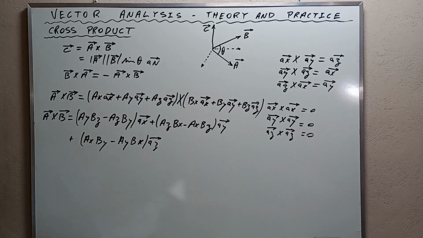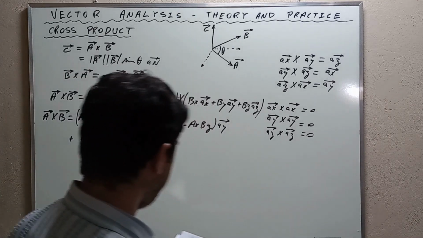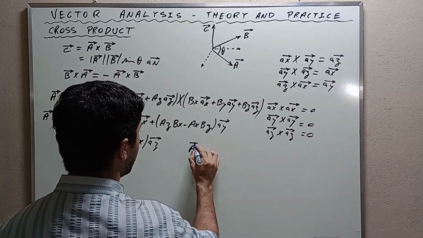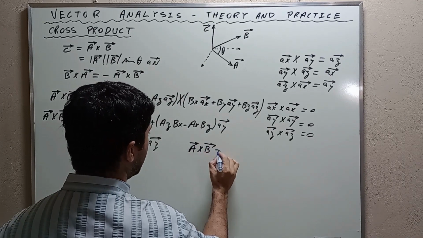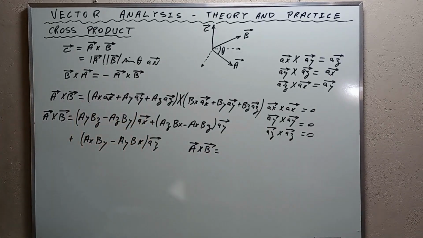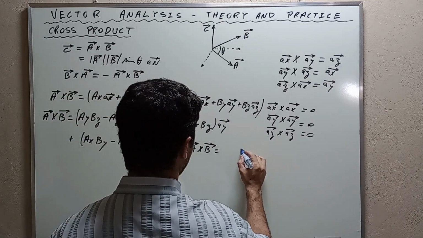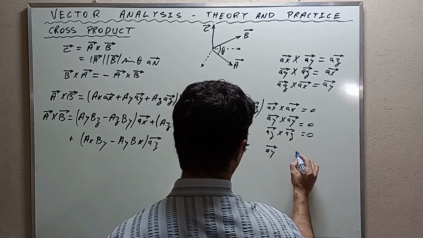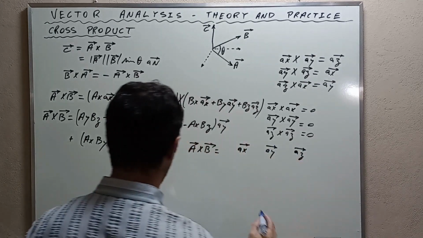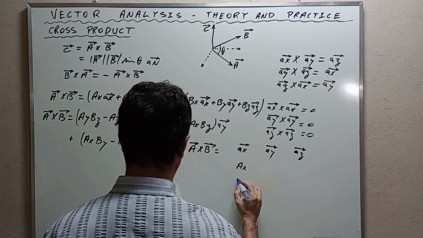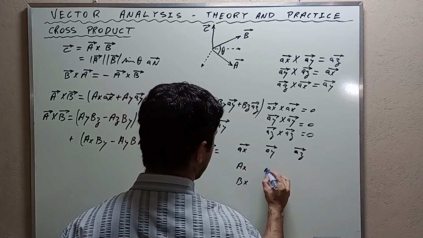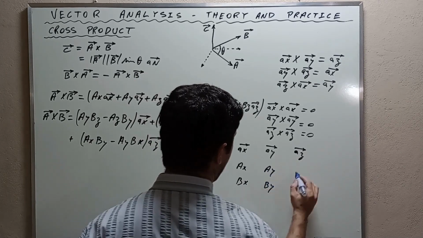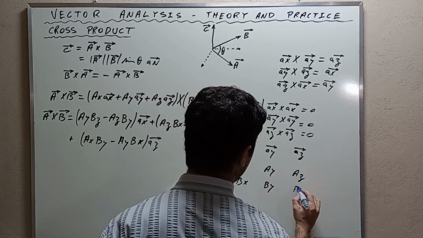Okay? This can be written as a determinant. A cross B can be written as a determinant in this way: the unit vectors in x, y, and z, then AX, AY, AZ, and BX, BY, BZ.